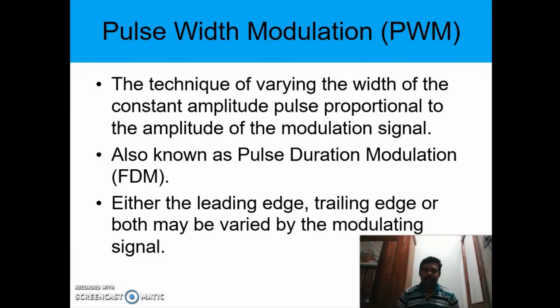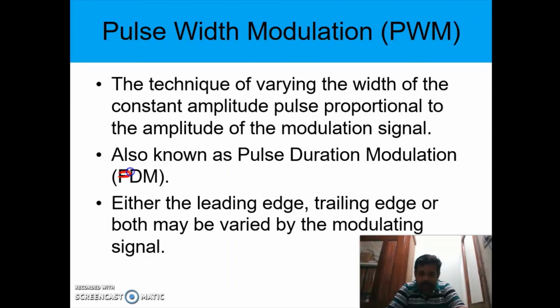So the pulse width modulation is a technique of varying the width of the constant amplitude pulse proportional to the amplitude of the modulating signal. Okay. So depending upon the modulating signal, the width of the carrier is varied. So it is also called PDM, pulse duration modulation. Okay, pulse duration modulation.